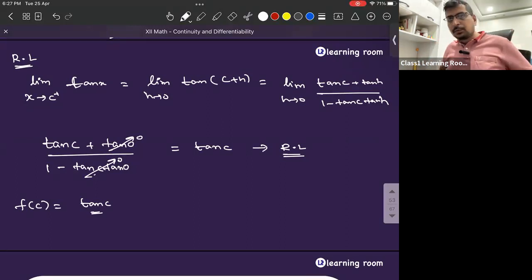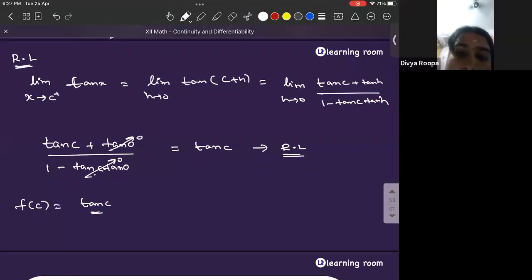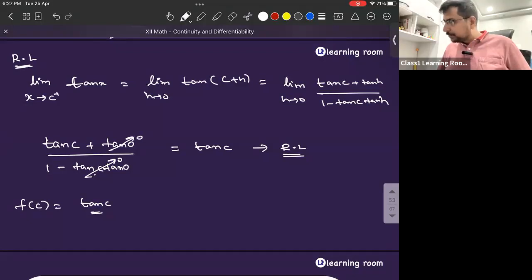I hope you're able to get a grip of how to use this left limit and right limit. Yes, sir. Shall I proceed? One minute.